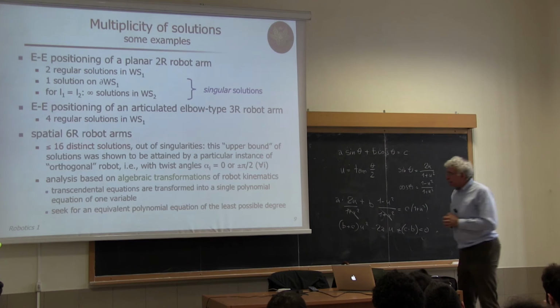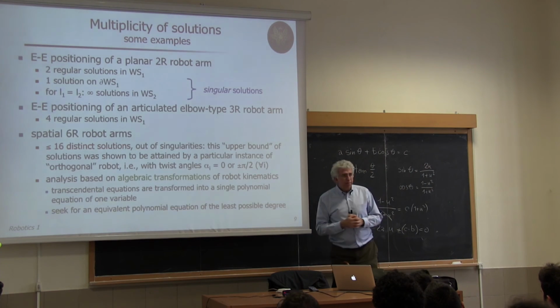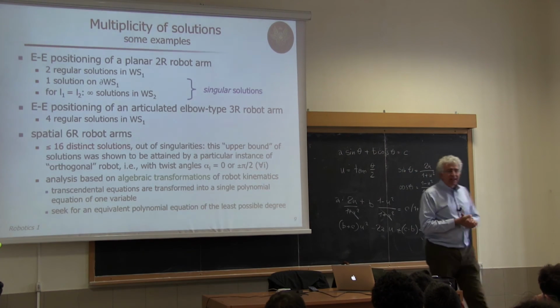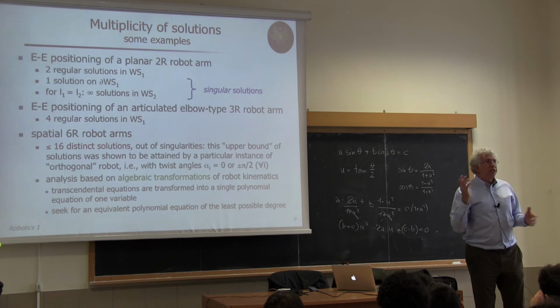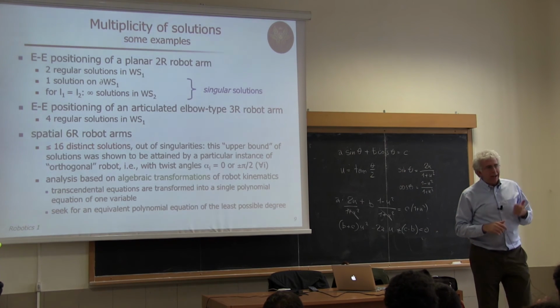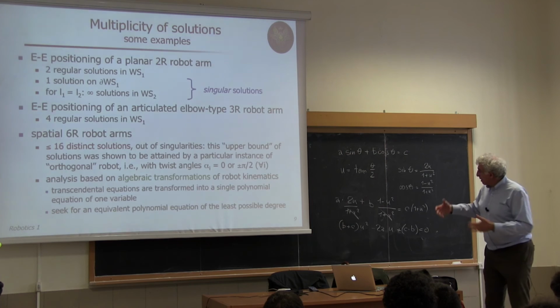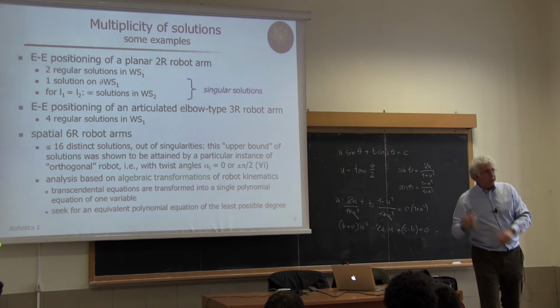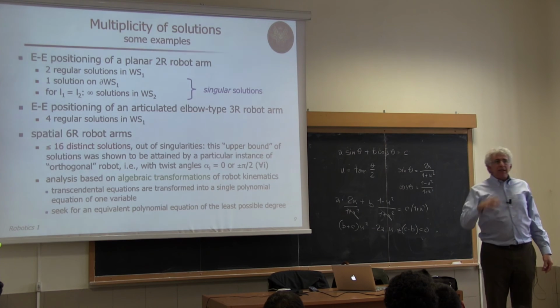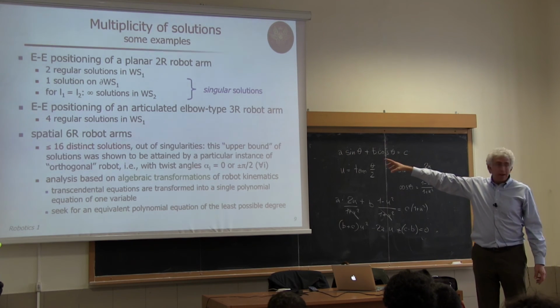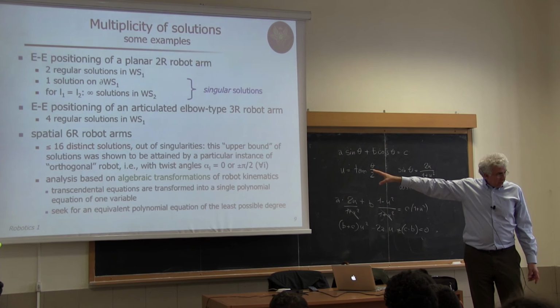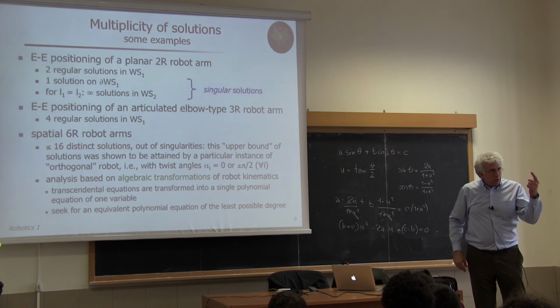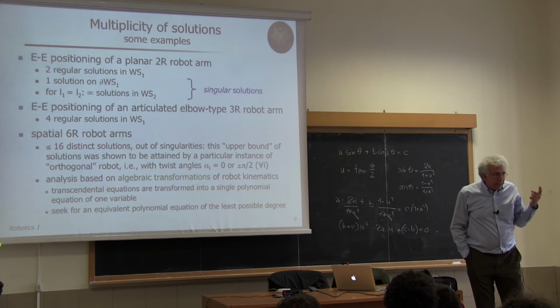Now, with this in mind, people doing research in kinematics have dealt with this problem for years. There was one guy who said, okay, I was able to find a much more complex transformation, but of this nature, and was able to transform the general direct kinematic problem into a single equation of degree 128.